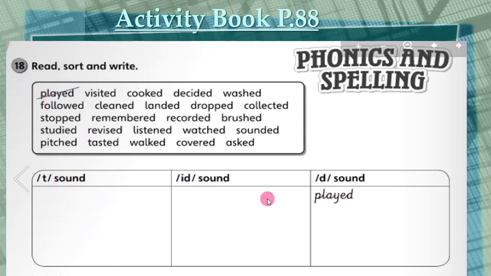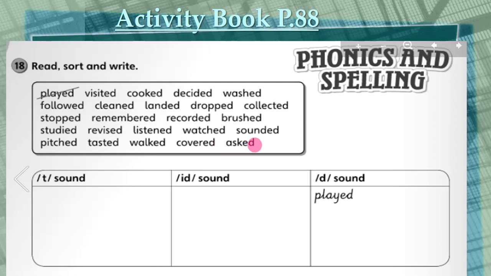So played is the d sound. Visited, okay. We have cooked, decided, washed, followed, cleaned, landed, dropped, collected, stopped, remembered, recorded, brushed, studied, revised, listened, watched, sounded, pitched, tasted, walked, covered, and asked.